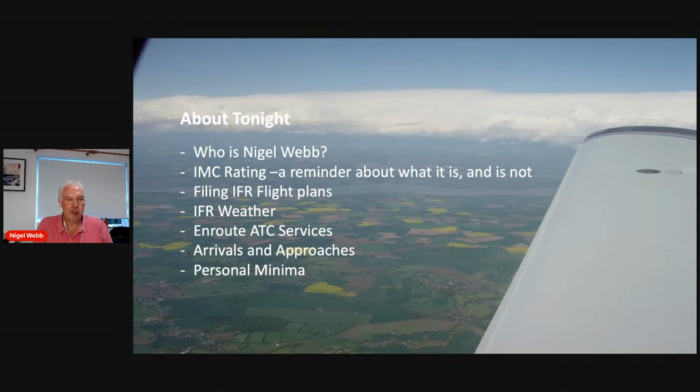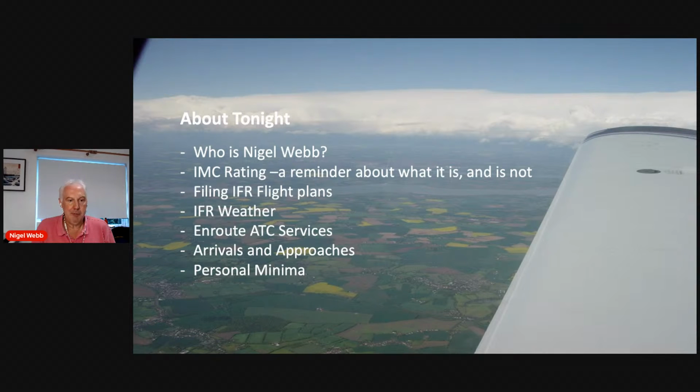Inevitably, any conversation about IFR flight means weather. Since in my experience, at least, people rarely actually learn as much about the practicalities of understanding weather when they're doing their IMC rating as they might, we'll have a little bit of a refresher on how to be your own Simon and be a proper weather forecaster with the tools that are available on the internet.